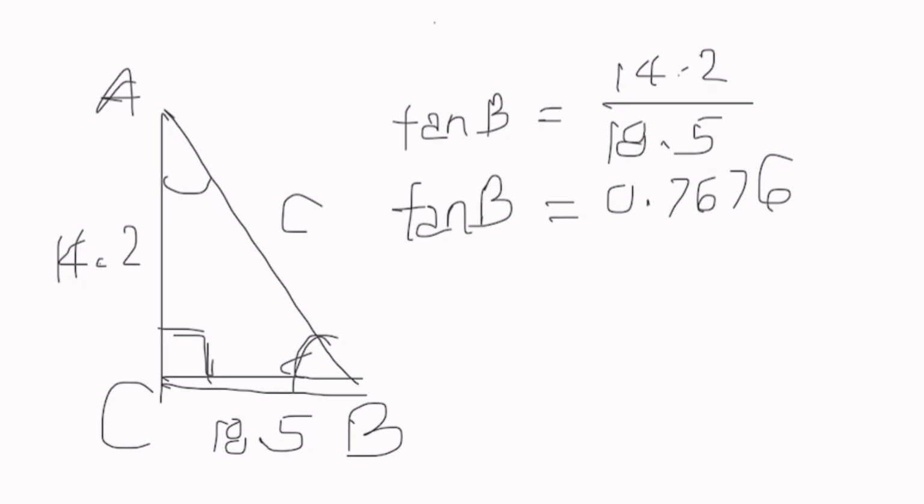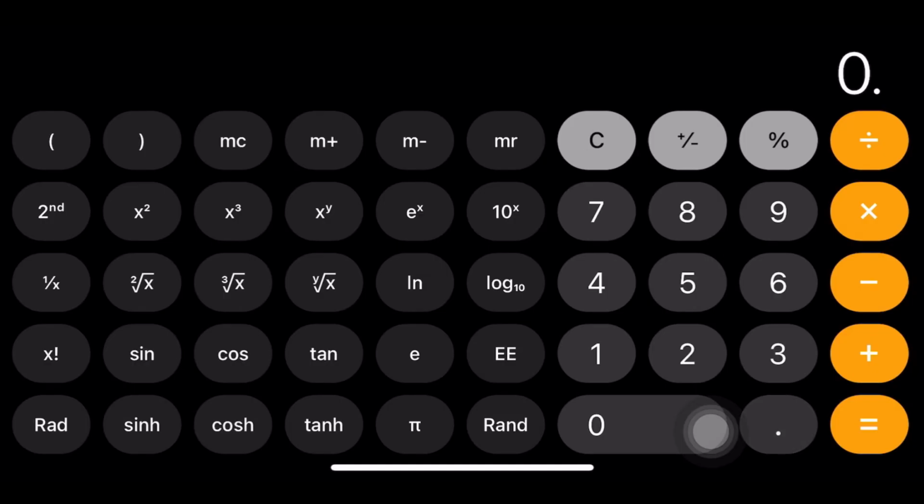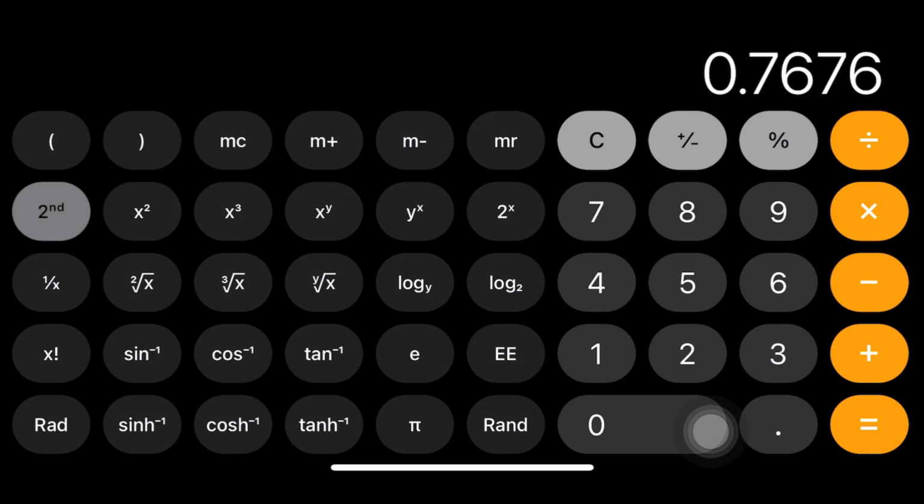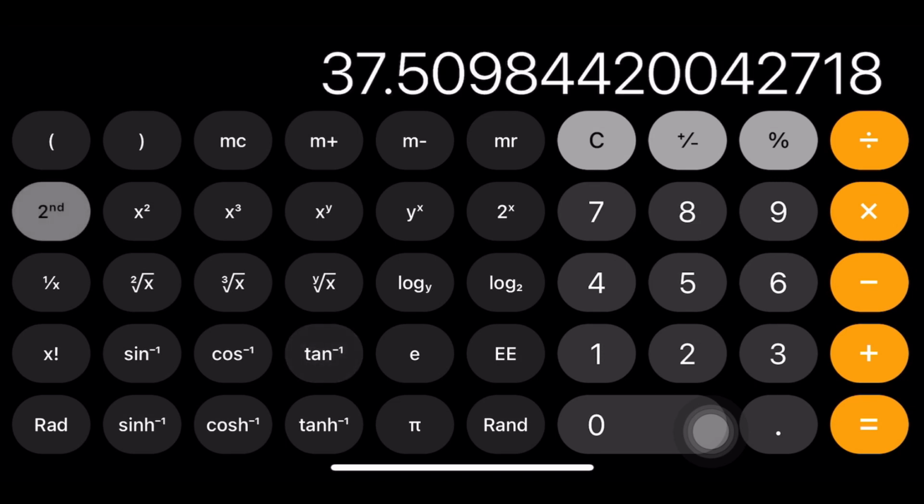Now all we need to do is use a calculator to find an angle whose tangent is equivalent to this one. So what we're going to do is type first 0.7676. Then we're going to use the shift or second function. So we're going to have the inverse of tangent here.